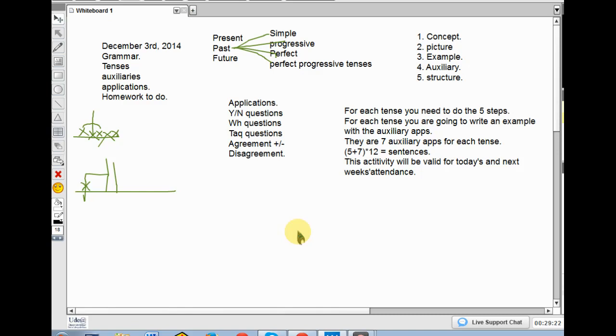E-I-T-H-E-R. Either. The structure 2, neither plus auxiliary plus subject. Neither or neither, but not neither. Neither is, I think, neither is still plain in Envigado, no? So neither, no. Neither or neither.